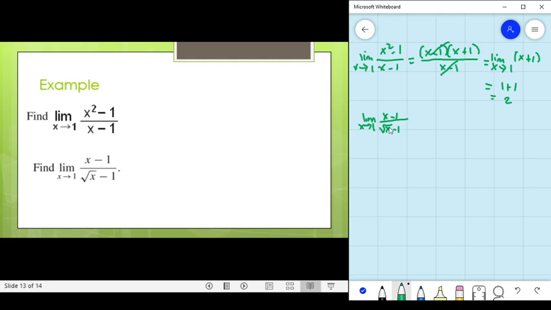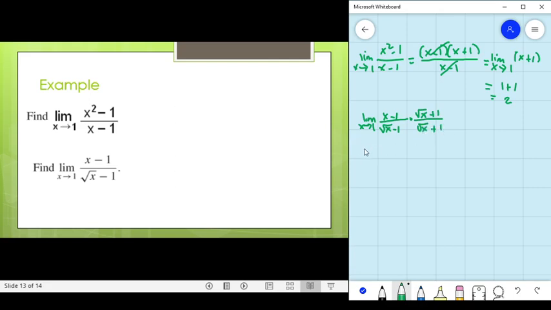But since our denominator has radical, we can simplify it by rationalizing the denominator. To rationalize, we are going to multiply both numerator and denominator with the conjugate of the denominator, which is square root of x plus 1 over square root of x plus 1.